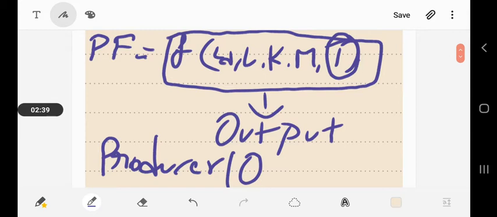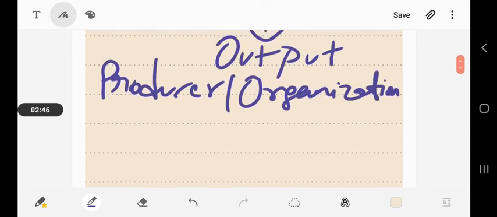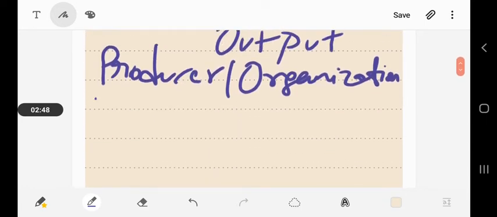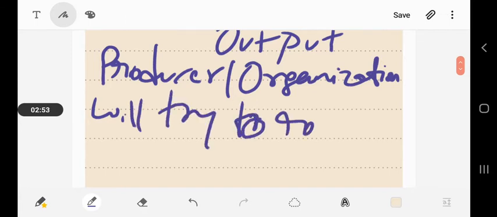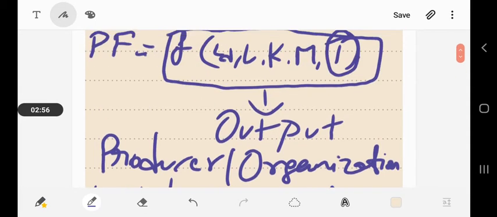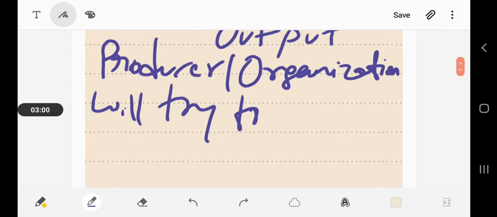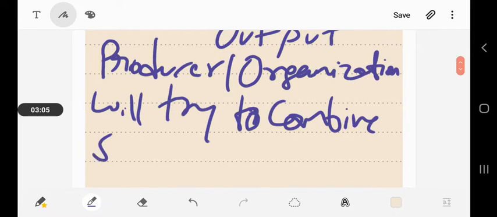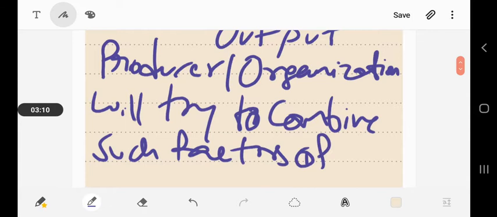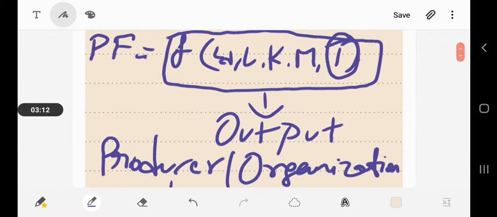The producer or organization, as the case may be, will try to combine such factors of input, what are they?